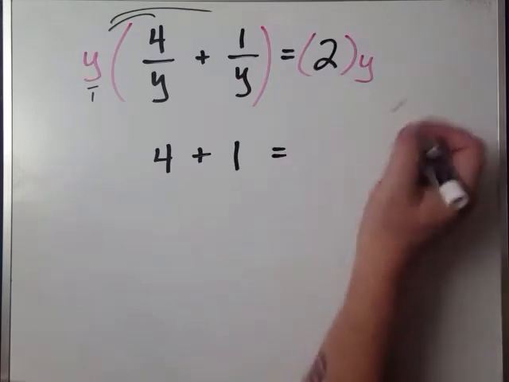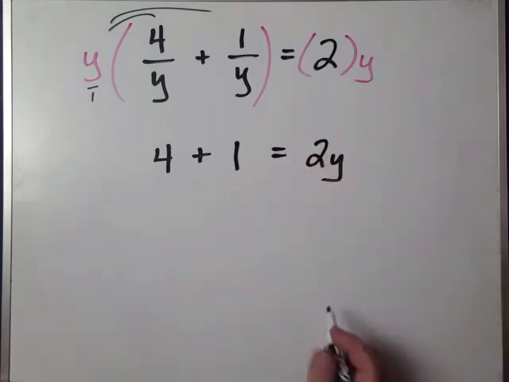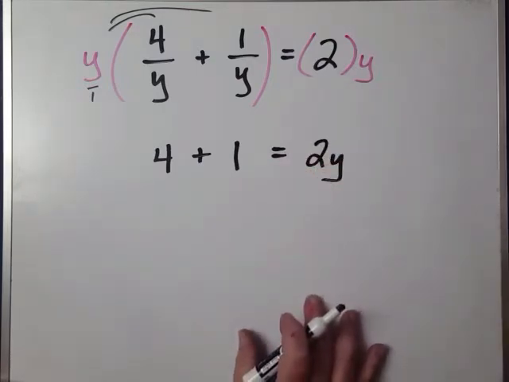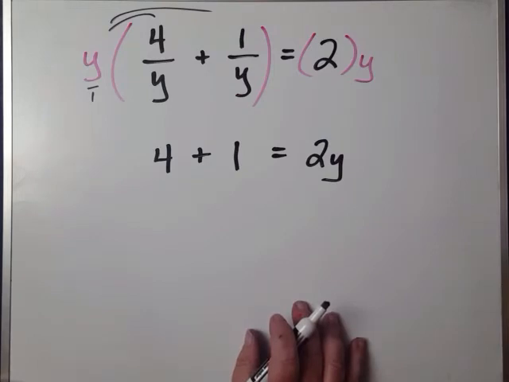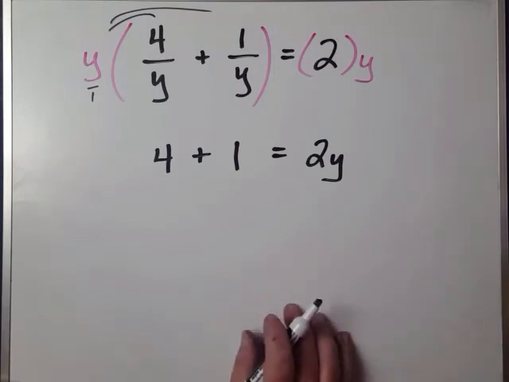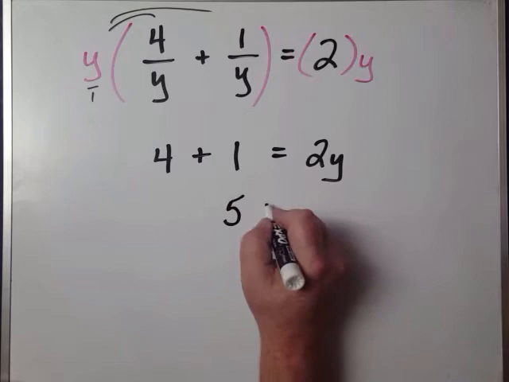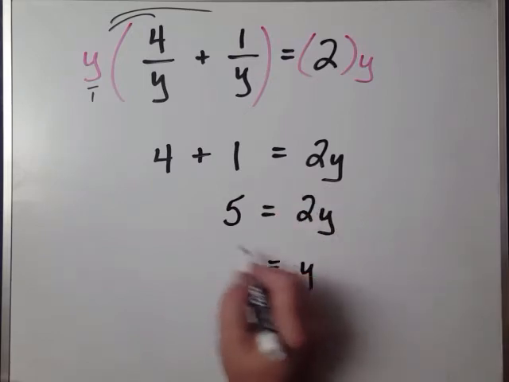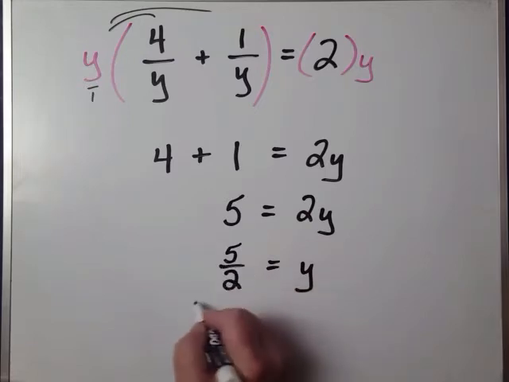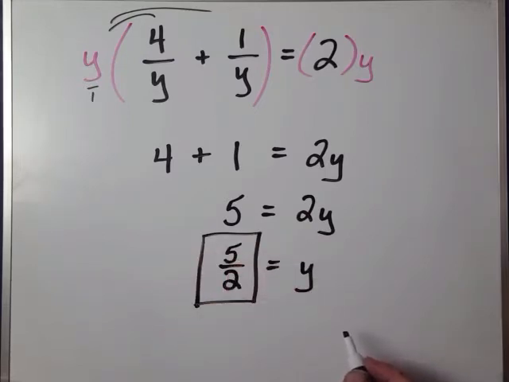On the other side, well, 2 times y is 2y. And now I have an equation that no longer contains any rational expressions. This turns out to be a simple linear equation. We'll simplify here on the left, divide both sides by 2 to find that y is 5/2.